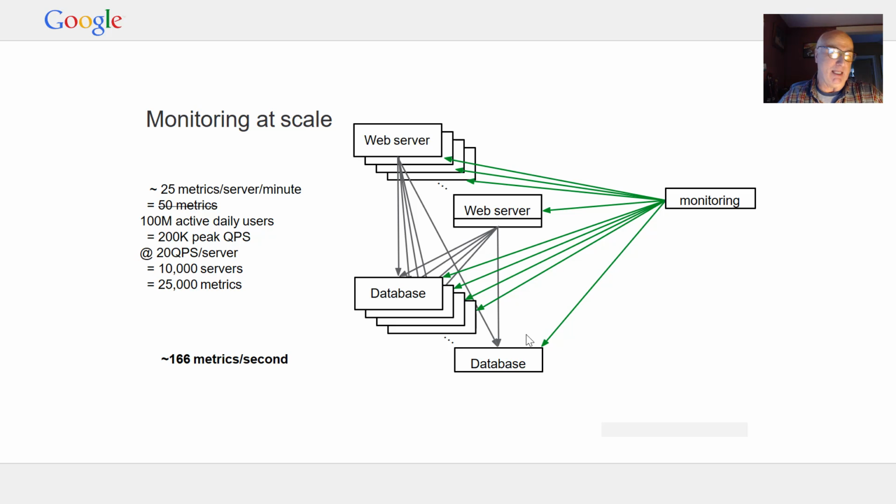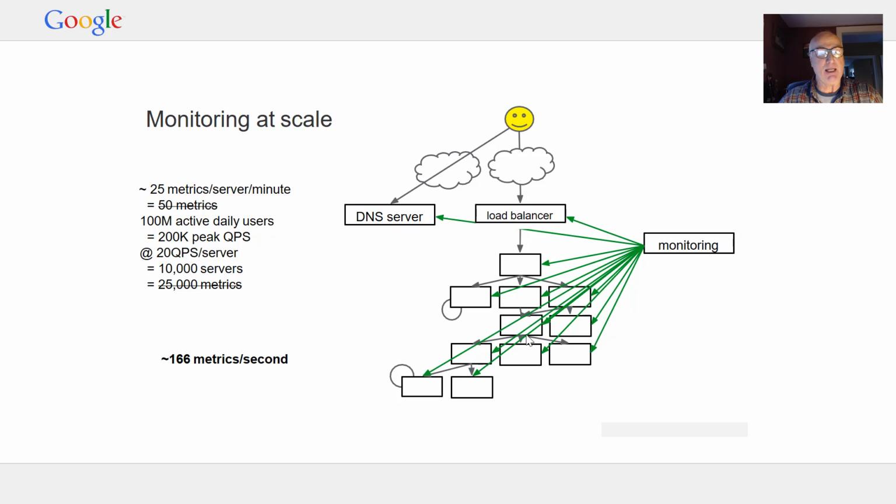That means that if we get 20 queries per second per server, and we have 10,000 servers, that means we're getting 25,000 metrics per second. So it scales up really, really quickly. So about 166 metrics per second.